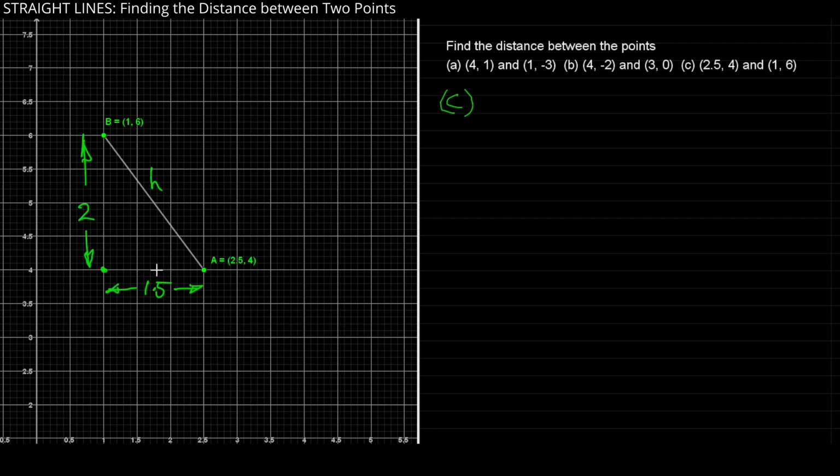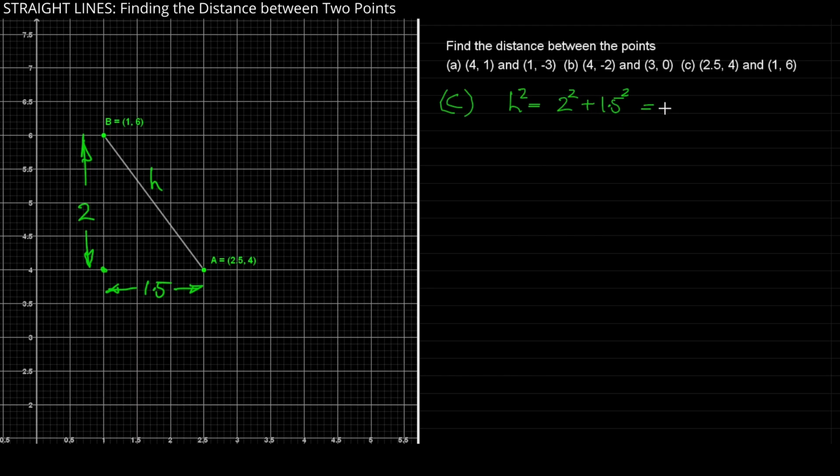Okay, let's label the sloping line that we need to find the value of. Let's give it the value of h, and write down what Pythagoras told us. He said that h squared is equal to 2 squared plus 1.5 squared. Don't add these and then square, they're squared individually.